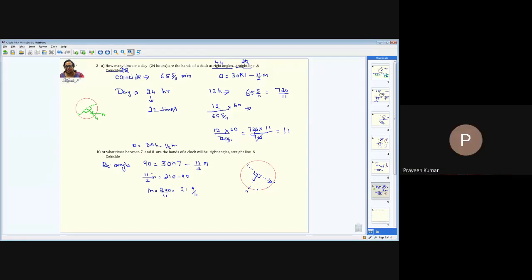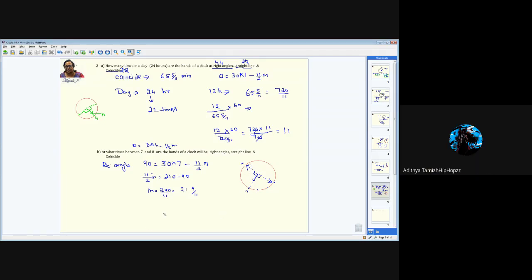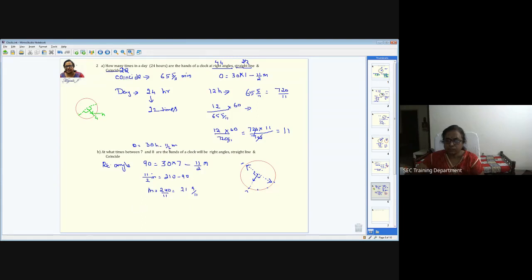What did you do for the last problem? You considered this and then you found this. Now instead of this side, you're going to consider this side. So which is leading now? Minute hand is leading. So the formula will be, instead of this, the other way: 11 by 2 M minus 30H.